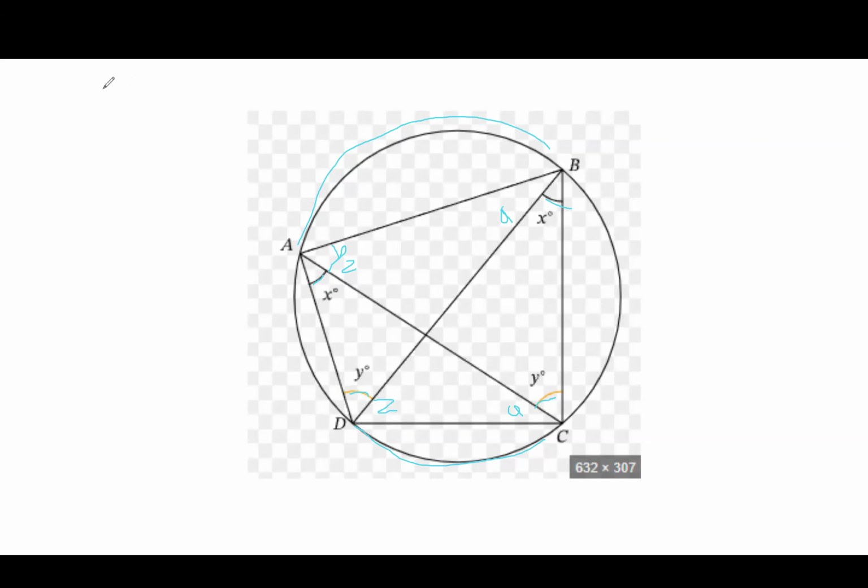So if I add x, wait, this is really hard. Let's have x plus z. So that's my angle DAB, right? Then I add all of these angles.